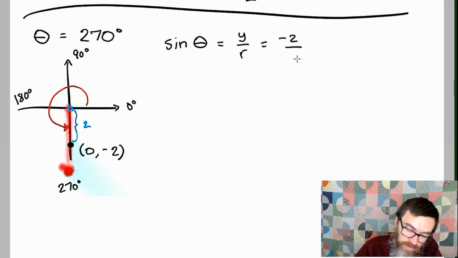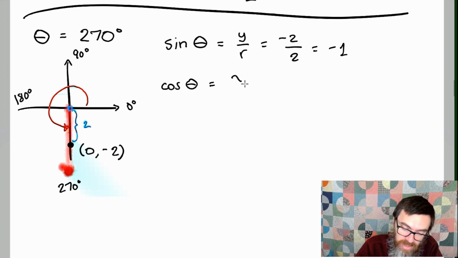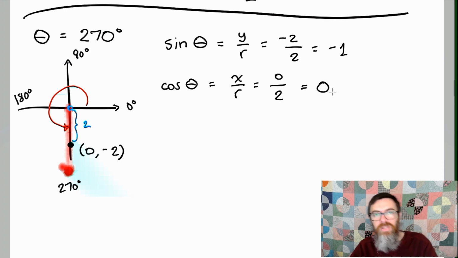So sine is -2 over 2, and that ratio gives me -1. Okay? Cosine of theta is x over r. Now my x value is 0, my r is still 2, so my cosine value is 0.